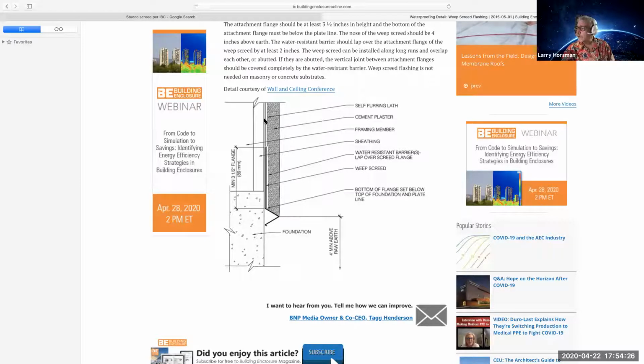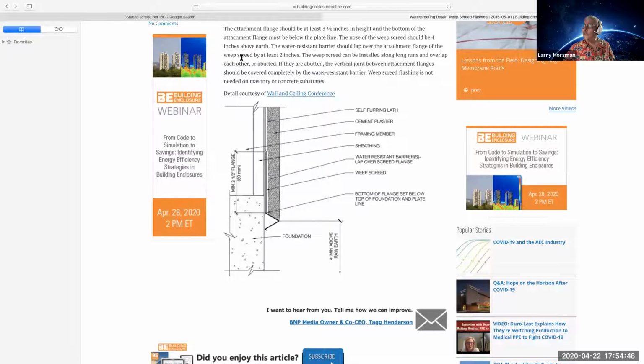So over our shear panels, for example, we would need to use at least 2 layers of paper in those particular areas. Here's that flange, and they're showing a minimum of a 3.5 inch flange, and I think a lap of 2 inches with the paper. And now what this says, water resistant barriers should lap over the attachment flange at least 2 inches.